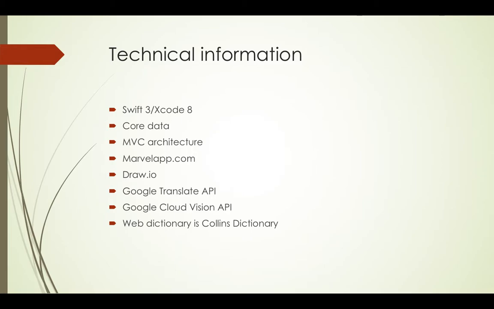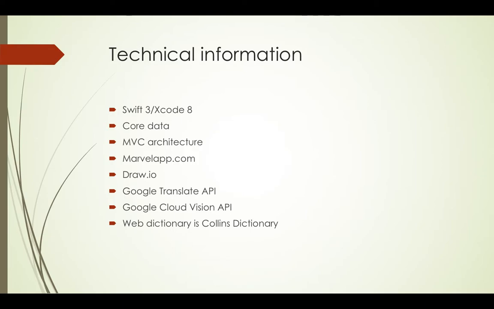The prototyping tool I use is marvelapp.com, and the UML diagram designing tool is draw.io. And more importantly, two APIs are required for this app: Google Translate API and Google Cloud Vision API.